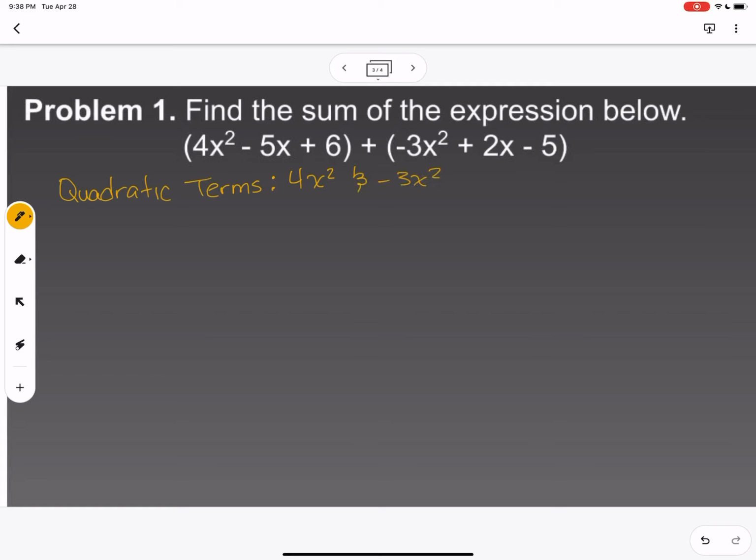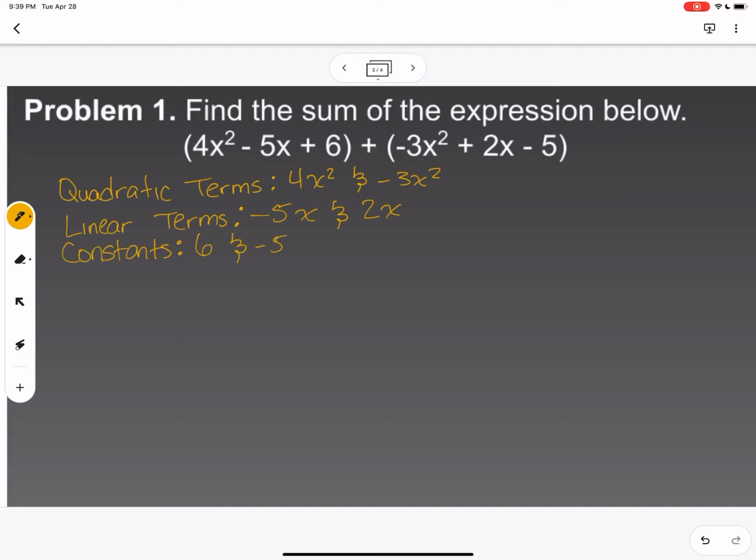And then I see I have linear terms. They are linear terms because they have an exponent of 1, which is negative 5x and positive 2x. And last but not least, our constants, which are 6 and negative 5.